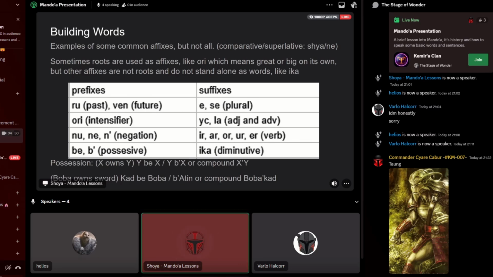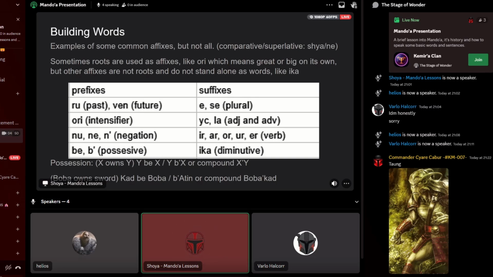So I guess probably the most common actual suffix is the verb ending, which is a vowel and an R: I, A, O, U, or E. I think the order of prevalence is probably I, A, O, U. Yeah, this might be the order of prevalence actually.